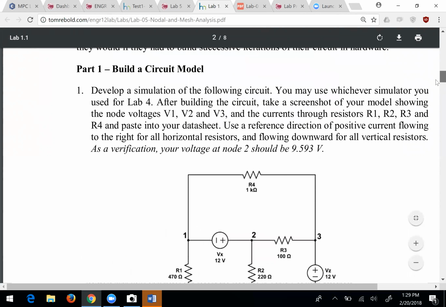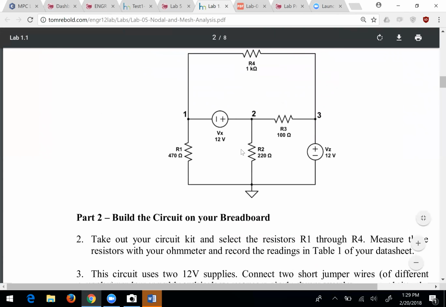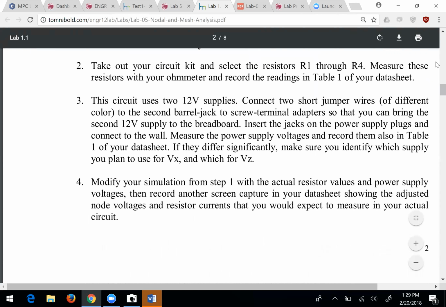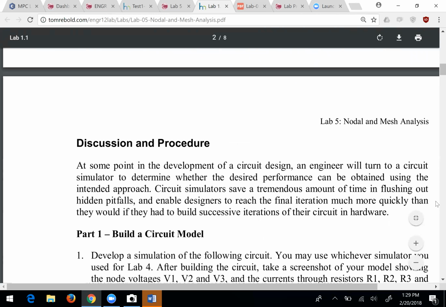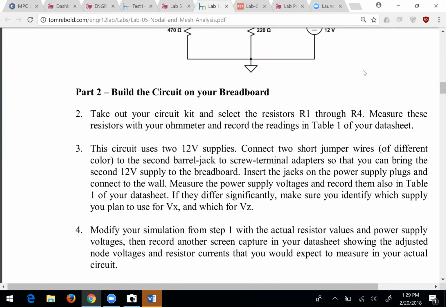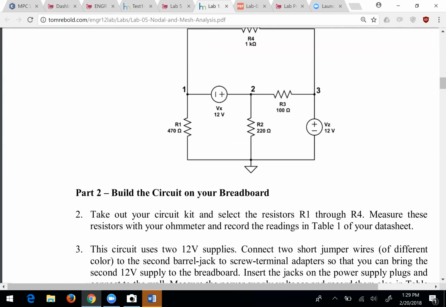So you're going to simulate it, and this is going to tell you what your node voltage should be at the second node there, node 2. But that's going to be done in a simulator. Then you're going to do it on a breadboard.